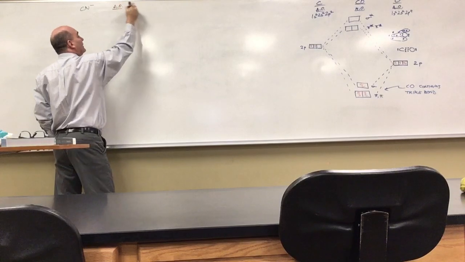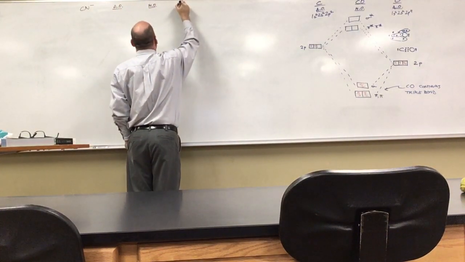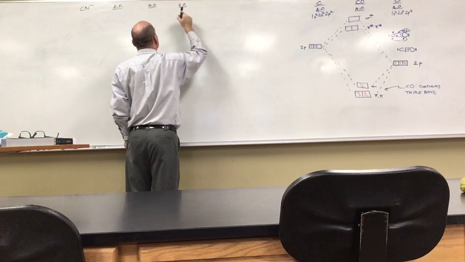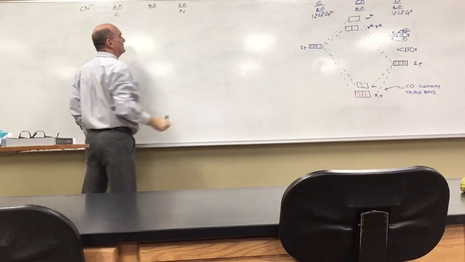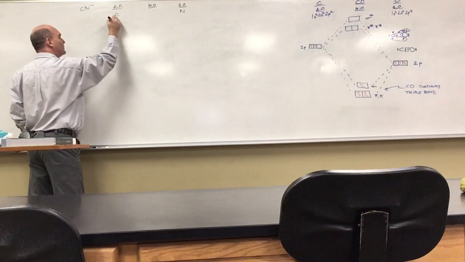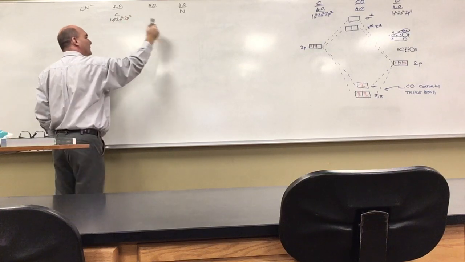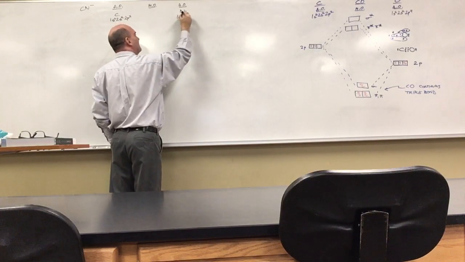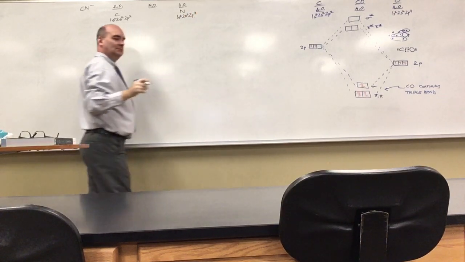Here's an atomic orbital. There's the molecular orbital. Here's an atomic orbital. There's the carbon. There's the nitrogen. Carbon is 1s2, 2s2, 2p2. Nitrogen is 1s2, 2s2, 2p3.